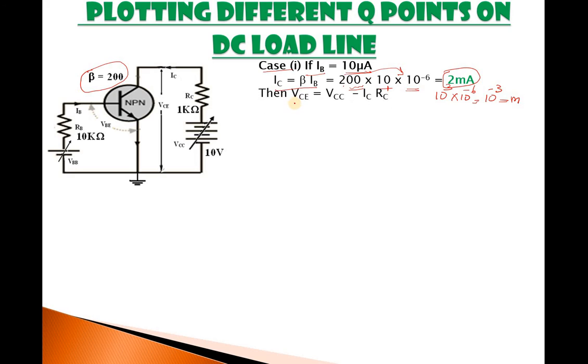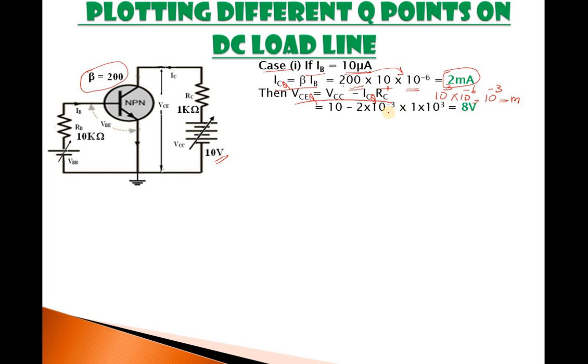Next, if I take VCE, the equation for VCE is VCC minus ICRC. What we can call here is ICQ, and if I substitute the ICQ value, this will become VCEQ. Suppose I substitute, VCC is given as 10, this is VCC, this is VBB. So VCC is 10 minus ICQ, which is 2 milli.